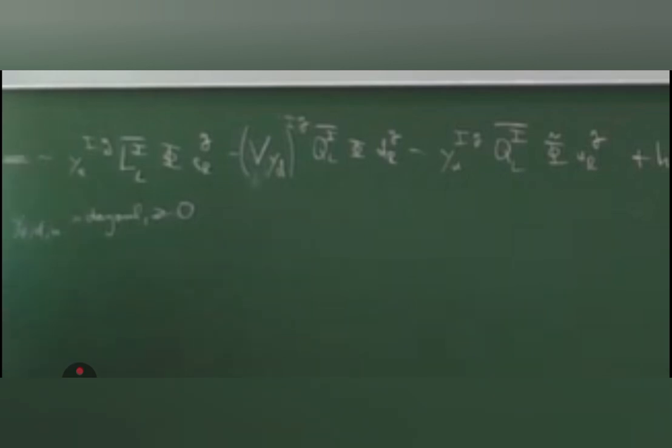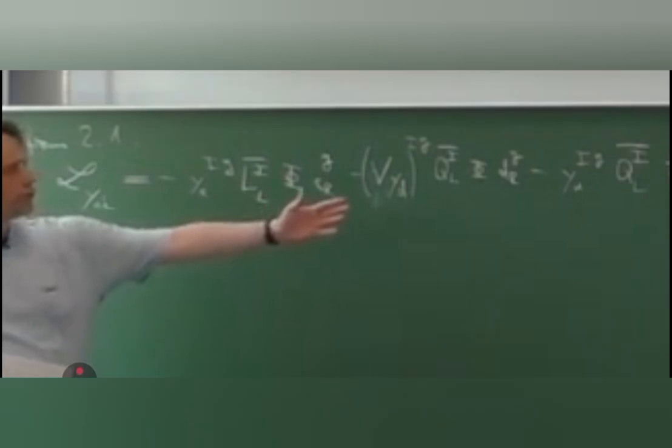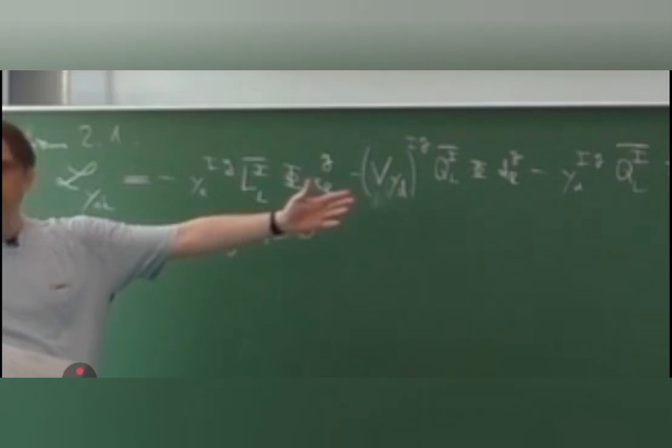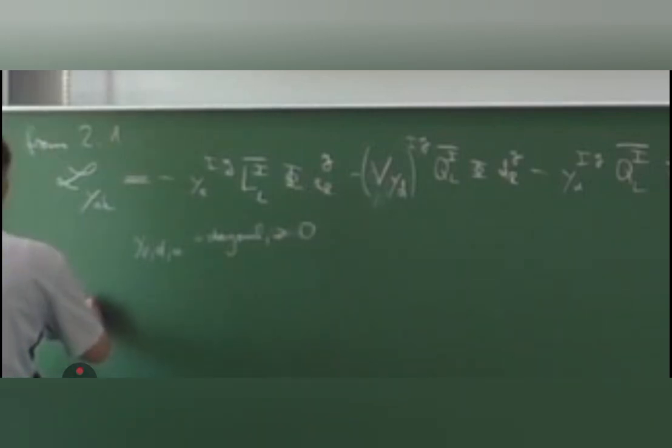Let us look now specifically at one of the terms, because so far I've never really written out what the plus Hermitian conjugate is, but that is now important. So let me write down the full expression for the leptons.